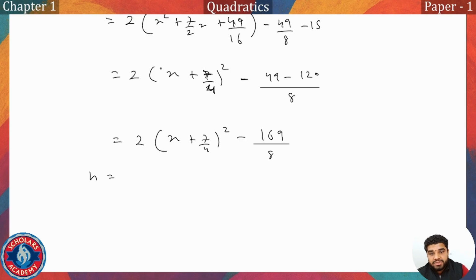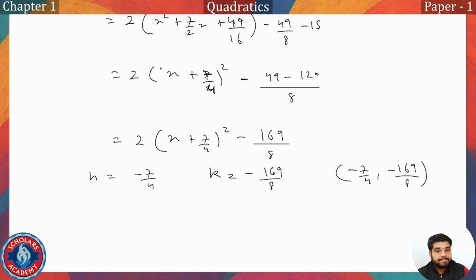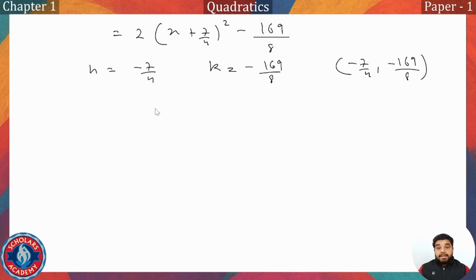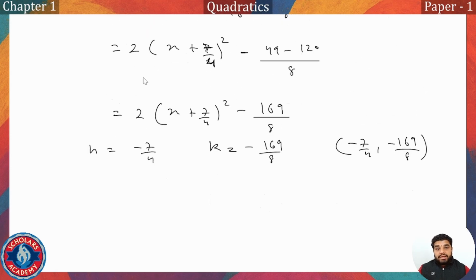So from here h is equal to negative 7 by 4 and k is equal to negative 169 by 8. I hope I made it clear. And the coordinate of the vertex point is negative 7 by 4 and negative 169 by 8. Clear? Now, we already know the orientation. We got to know the vertex point. Now, what we need to calculate is the intersecting points with the x and y axis.